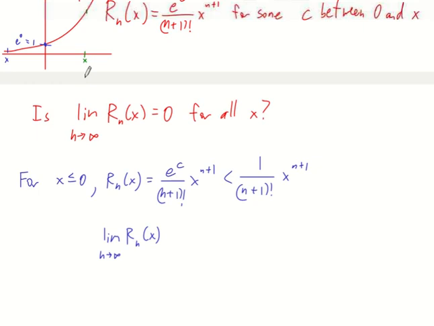You can say that that limit is going to be equal to the limit as n goes to infinity of x to the n plus 1 over n plus 1 factorial, right? And that limit is 0.